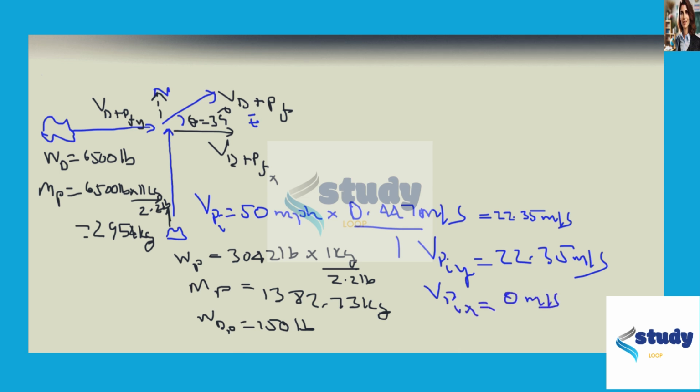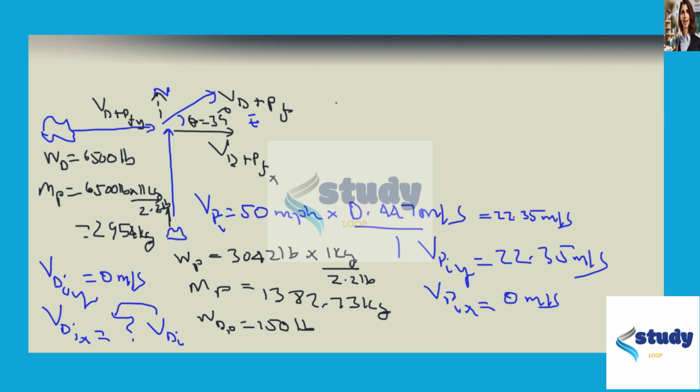When it comes to the Durango, the initial velocity of the Durango in the y direction is 0 meters per second since it's not moving in the y direction. The initial velocity in the x direction, we don't know what that is, and that's exactly the same as its regular velocity.